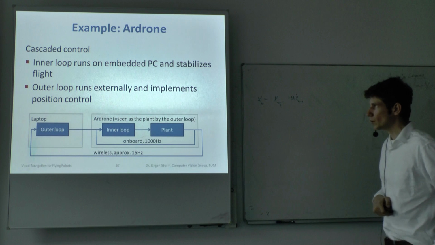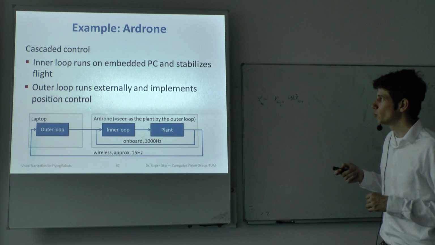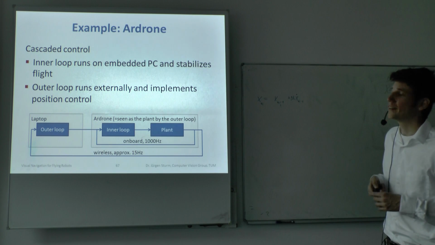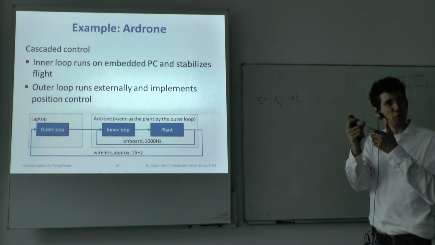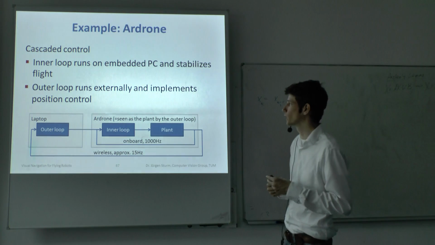Good. So now let's look again at the Ardrone and at this cascaded control. We have an inner loop on the Ardrone itself that does the attitude stabilization, and of course an even further inner loop that does the motor speed control, which happens directly next to the motor.